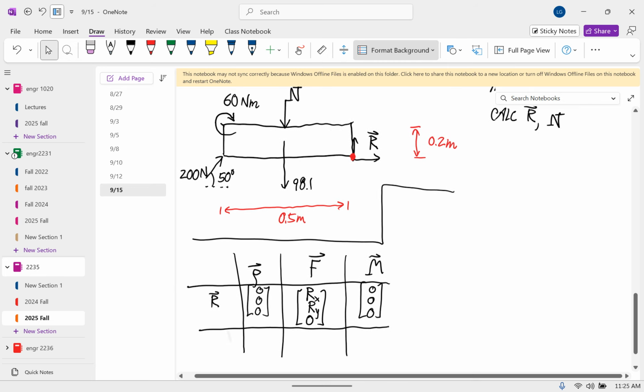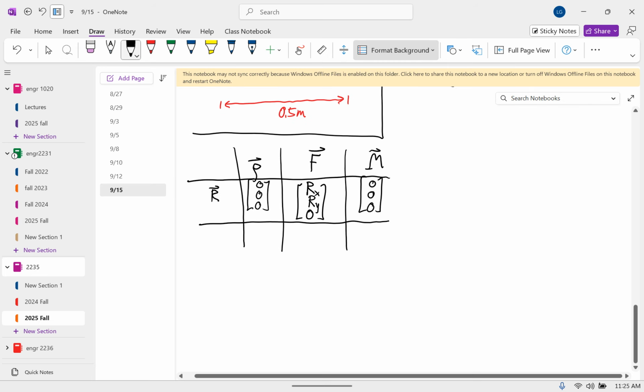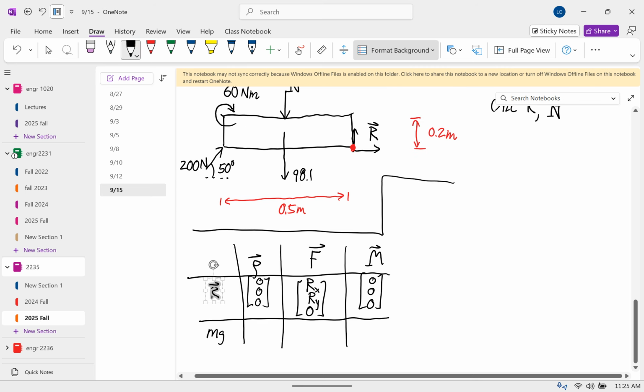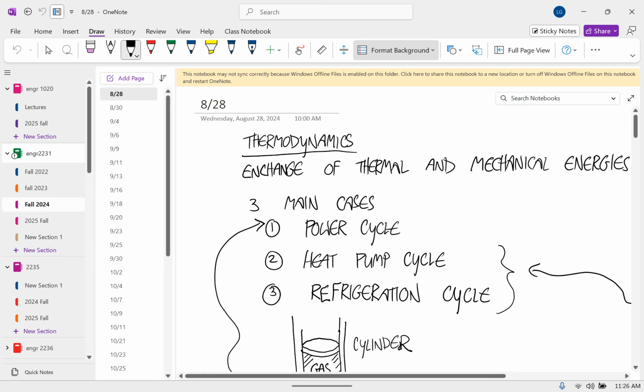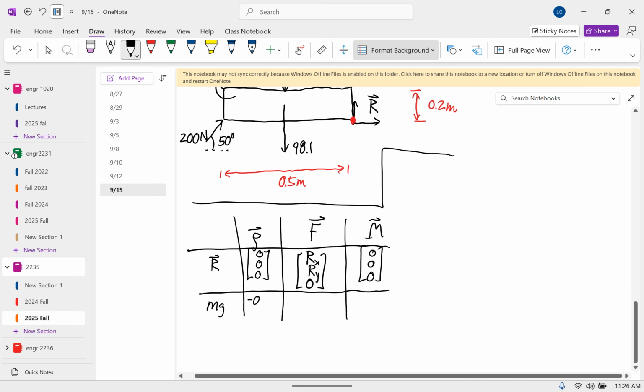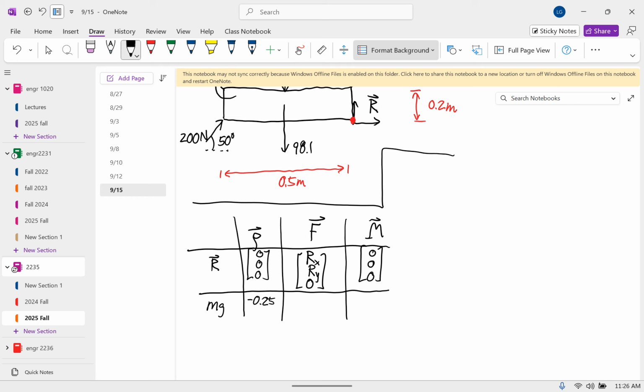Then let's go to the weight force. So to get from the about point, the red dot, to where the weight is applied, we'd go negative 0.25 in X, and positive 0.1 in Y, and 0 for Z, for the center of mass.